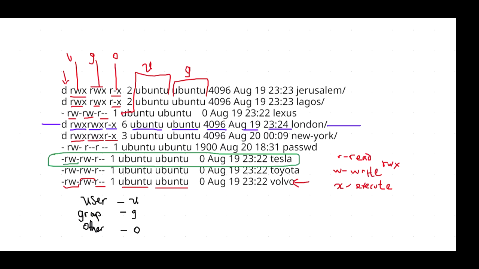Ubuntu group and members of this group, they all have read and write permission only. And others have read-only permission over the file Tesla. Does it make sense now? Hello? Does it make any sense at this point?